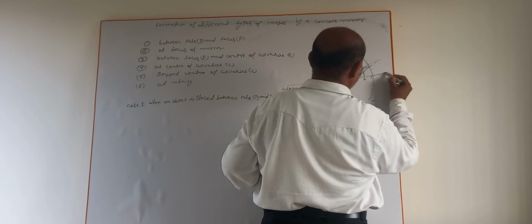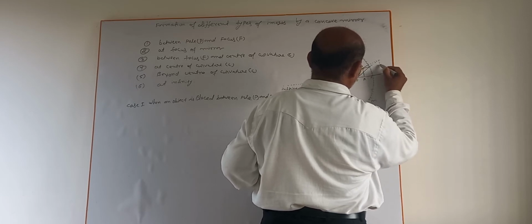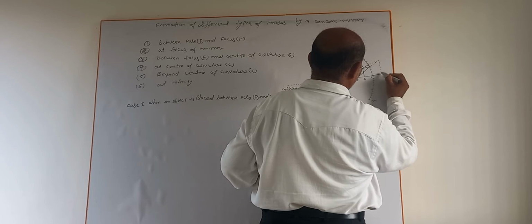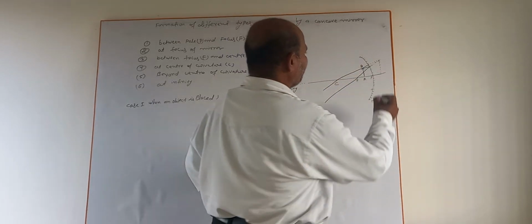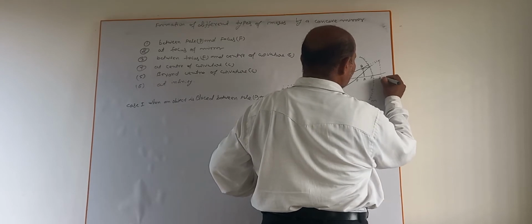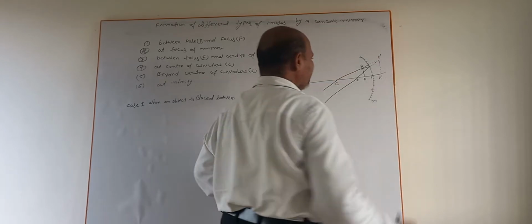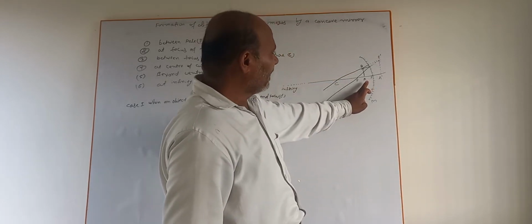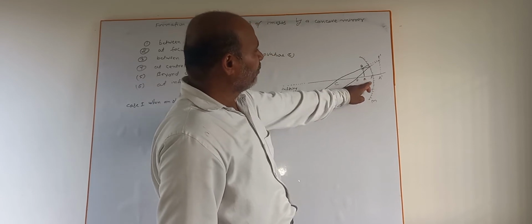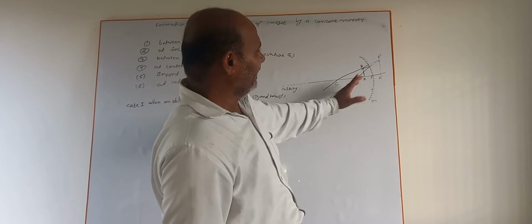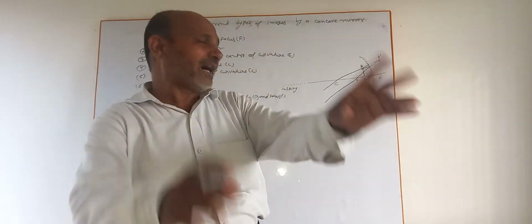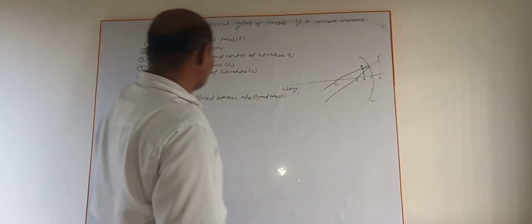In this case, the image will form behind the mirror. Here we are observing that when we place an object between pole and focus of a concave mirror, then the image is formed behind the mirror.